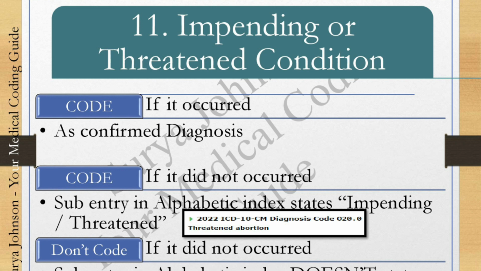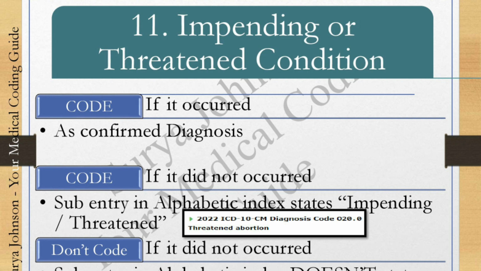That is called an impending or threatened condition. So if it occurs, then you will code it as a confirmed diagnosis. All the occurred conditions, that is, the patient has it right now in the body, are confirmed diagnoses. You cannot code impending or threatened for the confirmed diagnosis. So if it did not occur, then we can code it as threatened or impending.